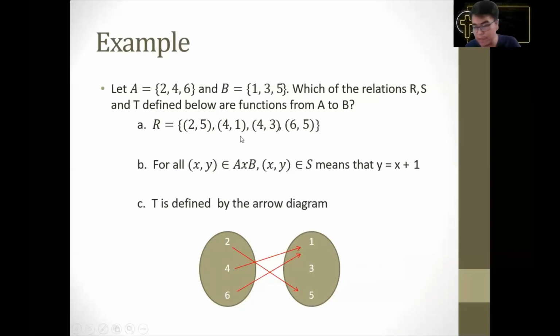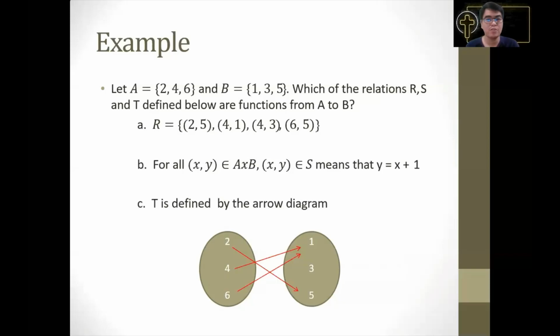So in layman's terms, in order for a relation to be a function, for every A there should be only one, unique B.